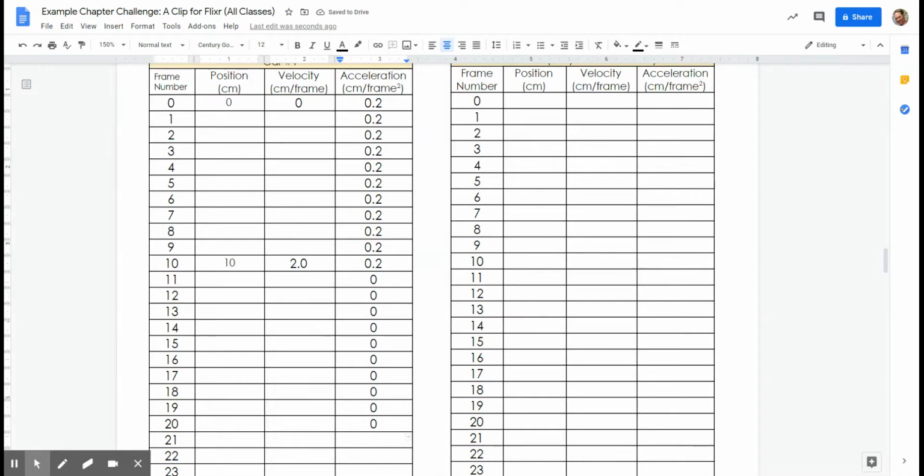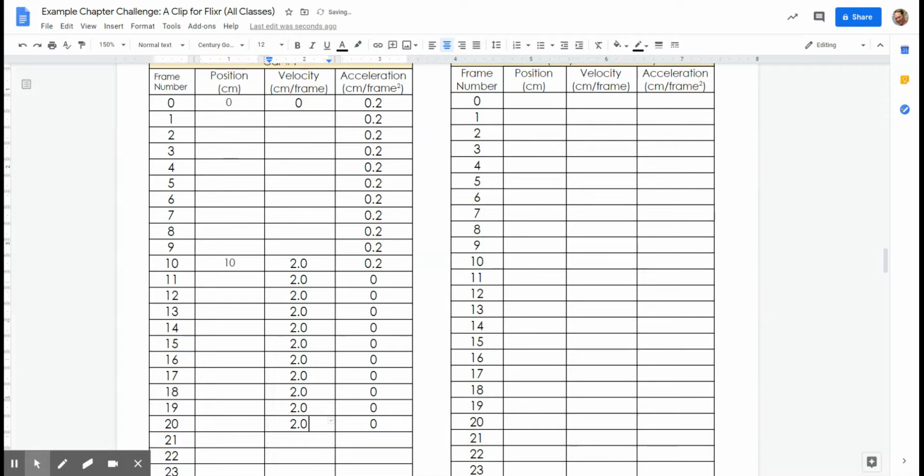Well, if my acceleration drops to 0, what happens to my velocity? Does it also drop to 0? No. It just means it's not speeding up anymore, and it's not slowing down. So it actually stays at 2 centimeters per frame all the way to the end of the film.